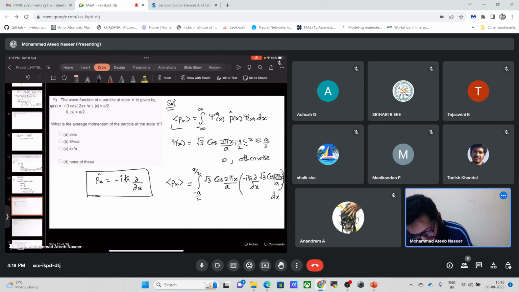So it would simply be equal to the integral from minus a by 2 to plus a by 2, root 3 and root 3 will multiply, it would simply be 3 times minus iota h bar cos of 2 pi x by a, d by dx of cos of 2 pi x by a would simply be minus 2 pi by a sine of 2 pi by a x dx.